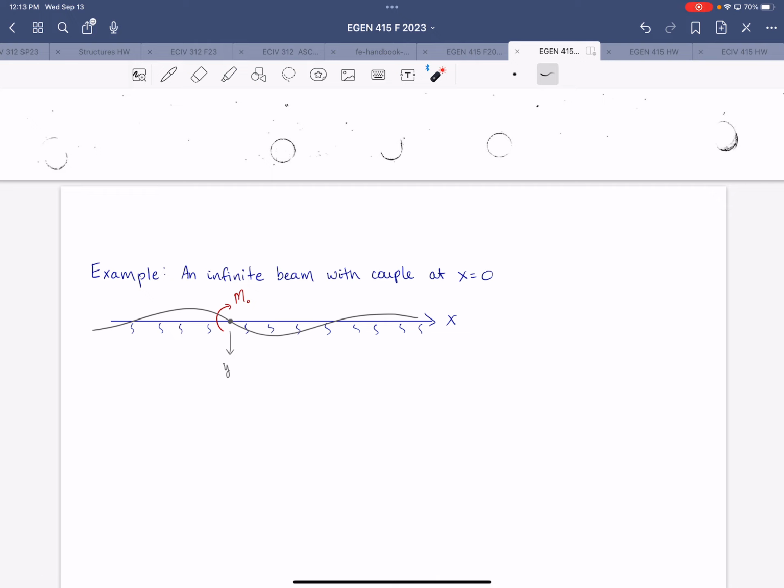All right, so here it says couple at x equals 0. So that's just a reminder that we set our origin at the location of the applied load for these analyses. And as you can see, the deflection from an applied moment is anti-symmetric about x equals 0.